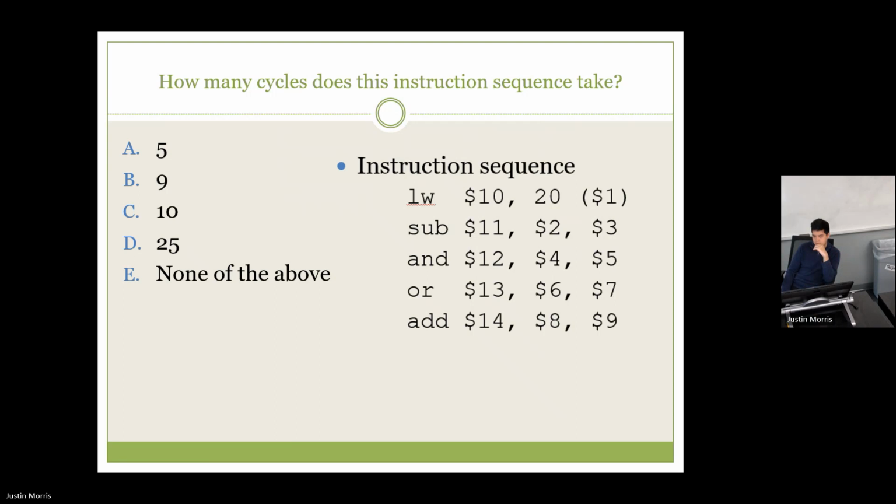Right, so we had 4, because we're a 5-stage pipeline, 4 to fill. And then I have 1, 2, 3, 4, 5 instructions. So that's 9. But we're gonna talk about how this isn't always the case next Monday.